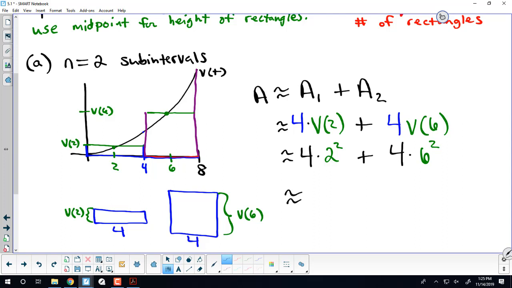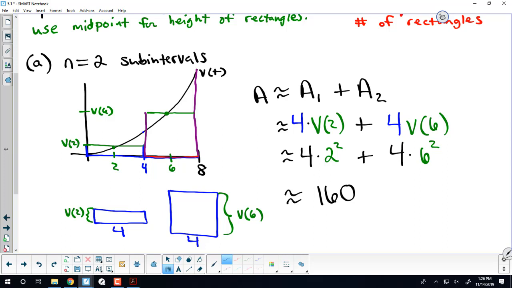So we have 4 times 4, 16, plus 36 times 4. There's 160. So we say the area under that curve is approximately 160, based on two rectangles, 2 subintervals.